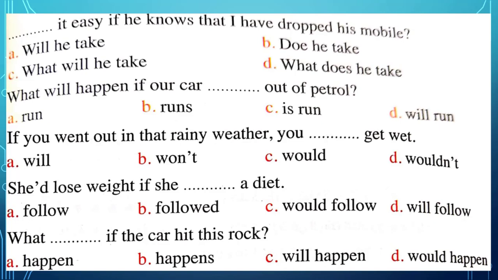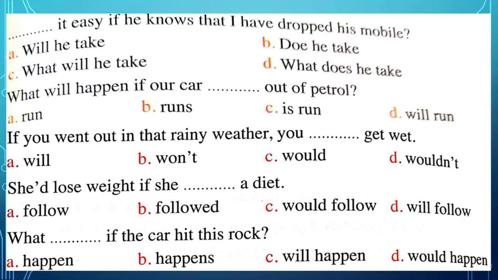So if you went out in that rainy weather, you would get wet. Okay, went and would. She would lose weight if she space a diet. Follow, followed, would follow, will follow. Surely we have would and followed. Okay, this is the second conditional.